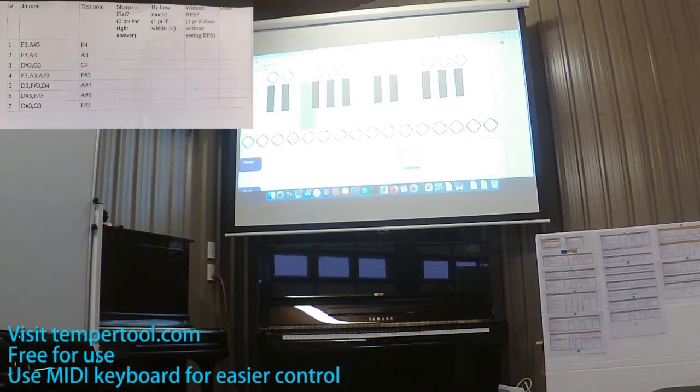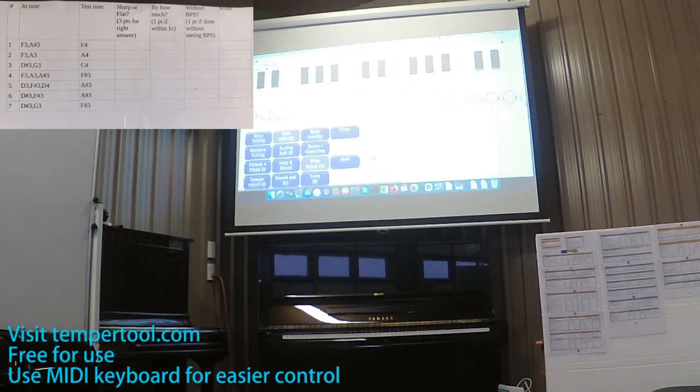The third partial is triple the fundamental, plus a little bit for inharmonicity. The little number in the parentheses to the right is the cents sharp due to inharmonicity of the tone that's being produced.